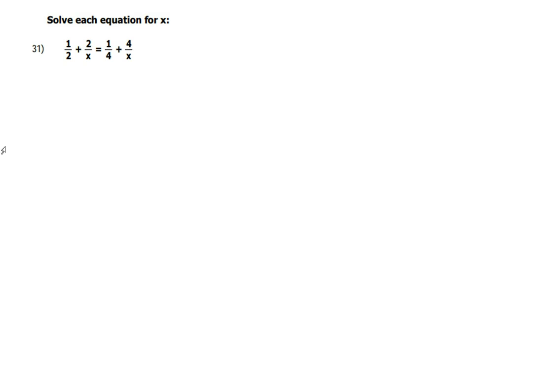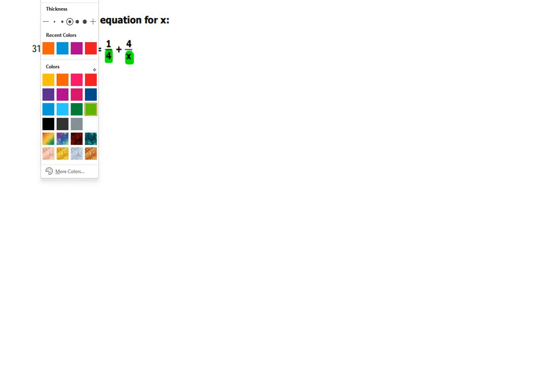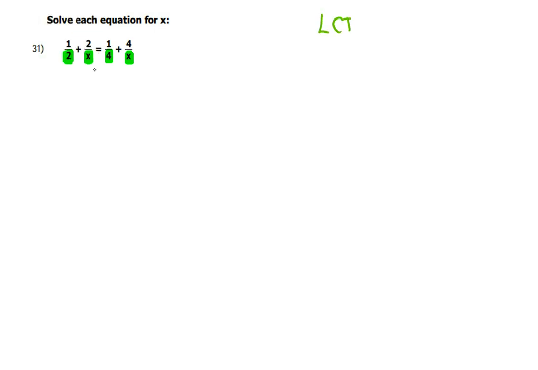Okay, this equation has fractions in it, and I want to get rid of my fractions. So if you look at the denominators, you got 2, you got x, you got a 4, and you got another x. So my least common denominator, since 2 goes into 4, 4 covers both the 2 and the 4, and then both of these are the same, they're just x.